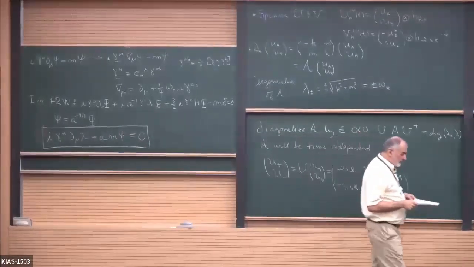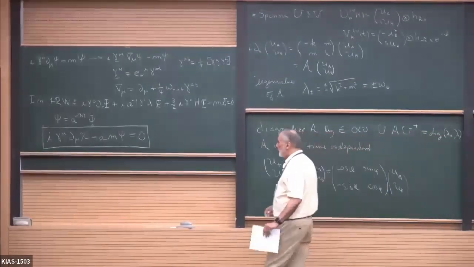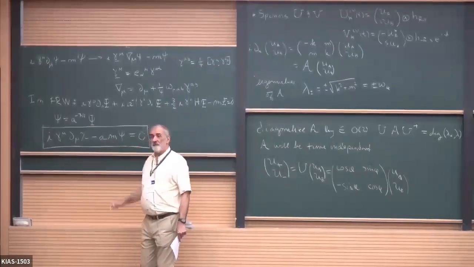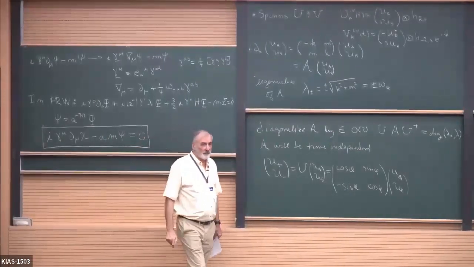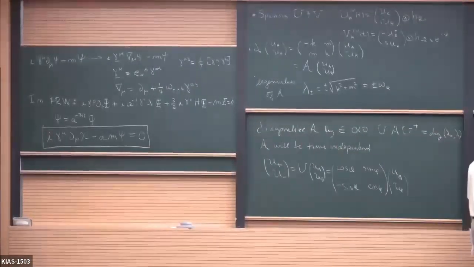So the difference is there's a new spinor and the scale factor enters. In Minkowski space, we can set the scale factor equal to 1 and a constant, and you just recover the Dirac equation that you expect from Minkowski space.